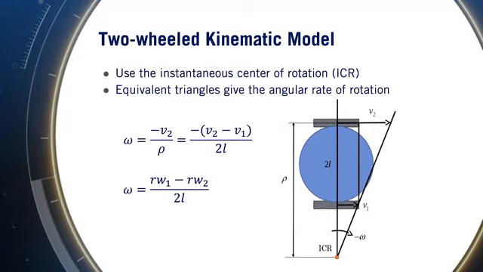We again have that the rotation rate omega is equal to v over r, and can use similar triangles to define two expressions for omega in terms of v2 and rho, and v1, v2 and L. Combining these equations with our expression for velocities v1 and v2 in terms of the wheel rotation speeds yields the final form of the equation for the rotation rate of the robot.